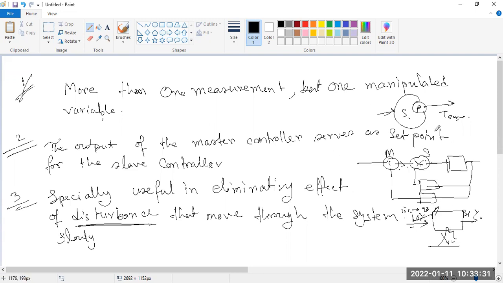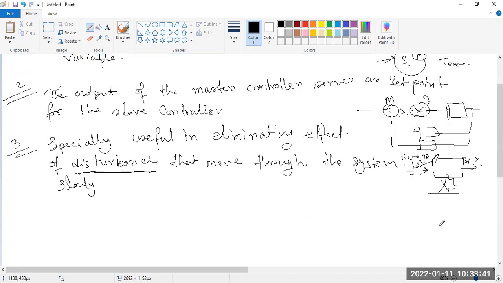So that's why this is called cascade control, and this is very effective for this type of disturbance because this variable, the feed, is varying. Just distinguish between the feed forward control system and the cascade control system.